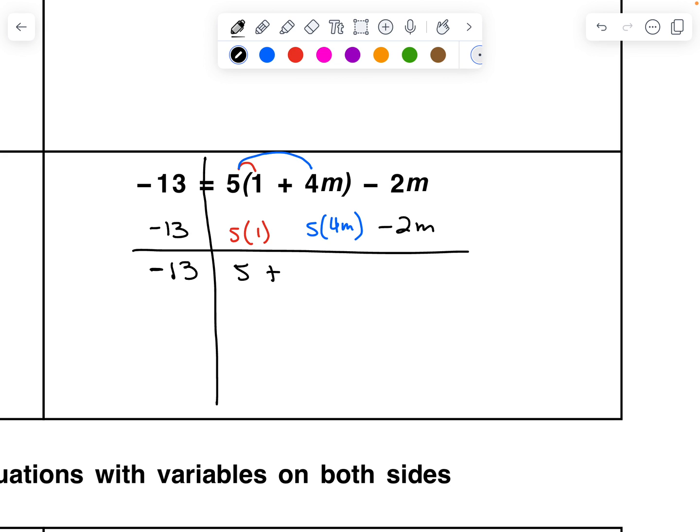So I have 5 plus 20m minus 2m. I know I'm going to have some like terms here. I have like terms with the 20 and the 2m. I see it as a positive 20 minus 2m. So I am just going to subtract those two.